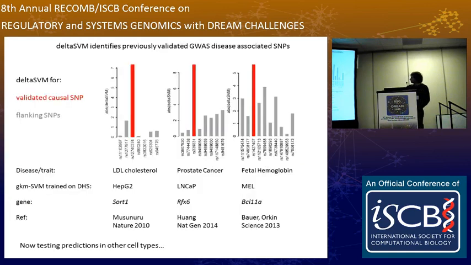And especially when we compare to validated causal SNPs for LDL cholesterol, which I just showed, the flanking non-causal SNPs are in gray, and the validated causal SNP is the delta SVM score for the validated SNP. And for a prostate cancer-associated allele, we also only pull out the validated SNP if we train on the appropriate cell type, so the prostate cancer cells from ENCODE.